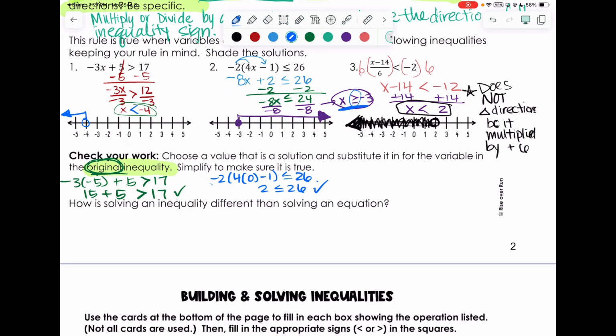Okay. Here we go. What numbers are less than 2? 0. Remember, if you can use a 0, use the 0. Or do you want to use 2?